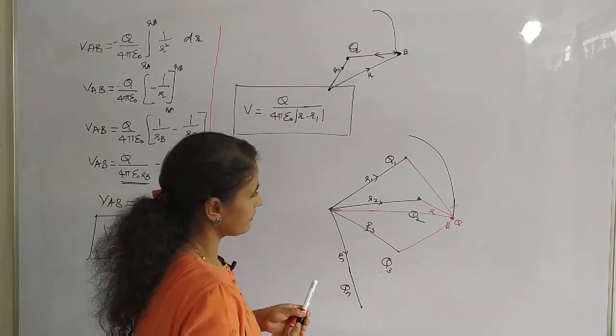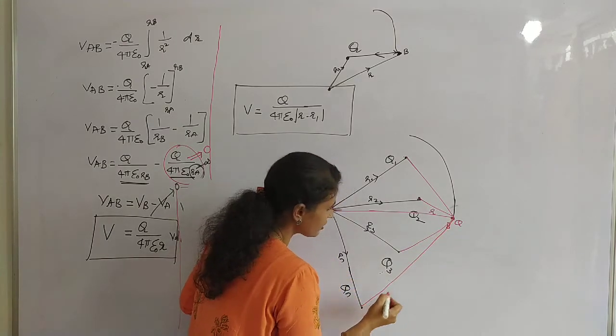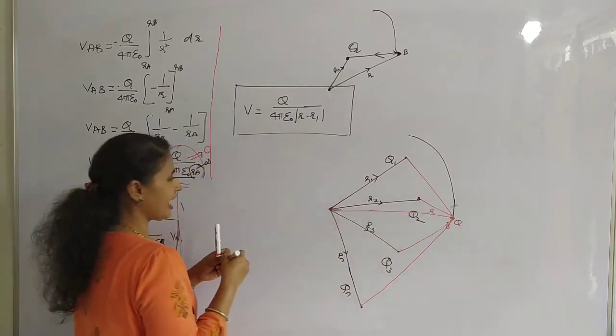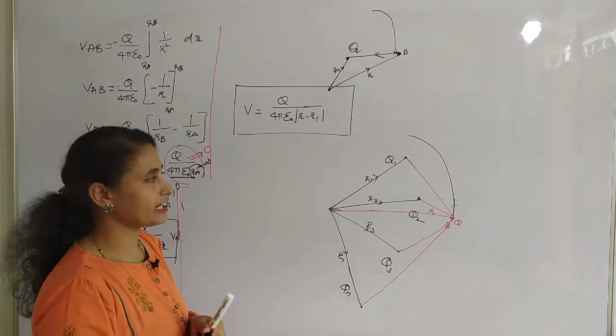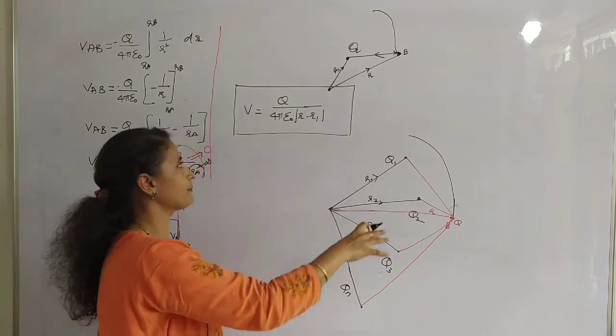I can write this distance as the resultant distance between the nth charge and the point. Now we have to write the electric potential due to the field created by the multiple charges.